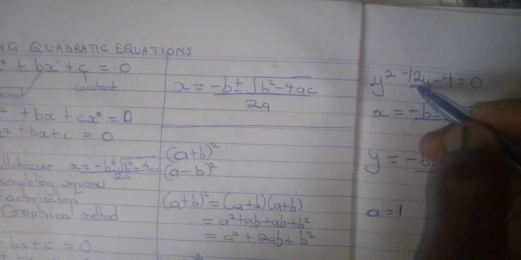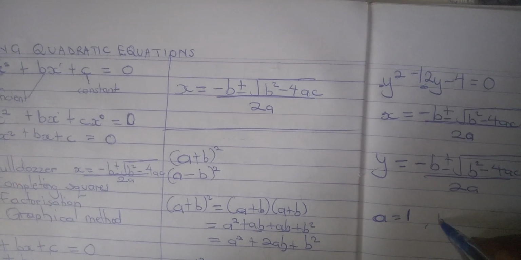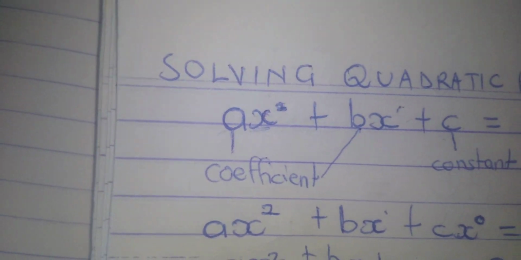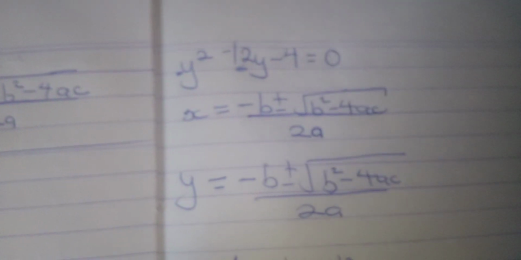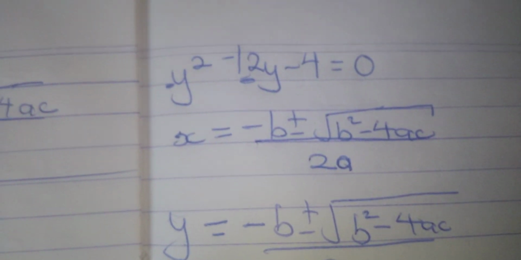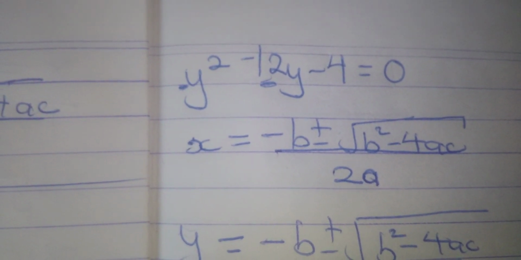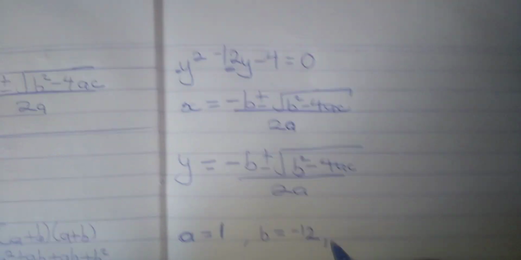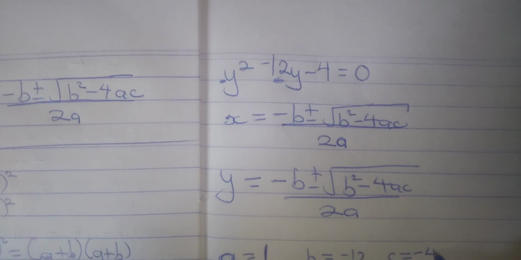Then our b is the coefficient on y, so b is negative 12. We had arranged this before. Are you seeing the position of a, the position of b, and this is the position of c? So our a is 1, our b is negative 12, whereas our c is negative 4.